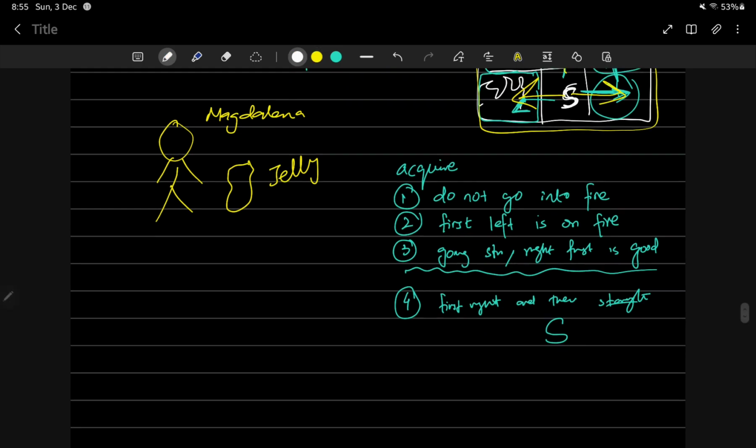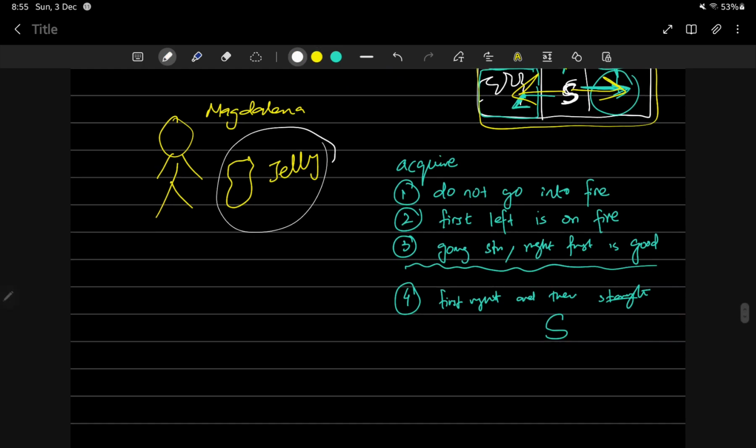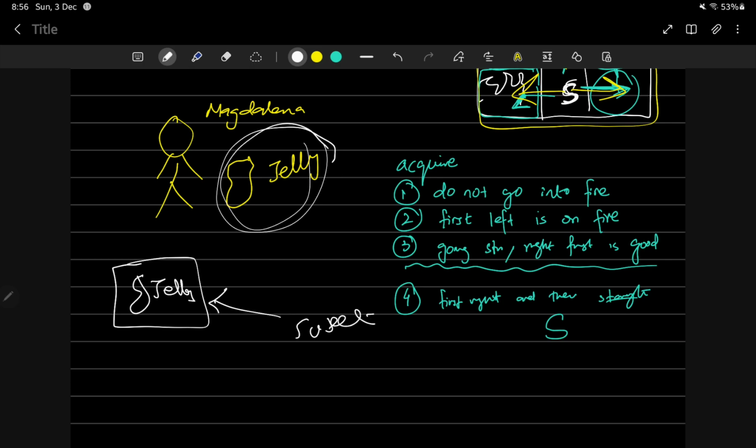But what happens is, once you try this, once you eat this, then you will know, okay, maybe this was sweet. Now whenever in your life you see this jelly, you will know, oh yes, this jelly was sweet. But at first you didn't know about this, right?